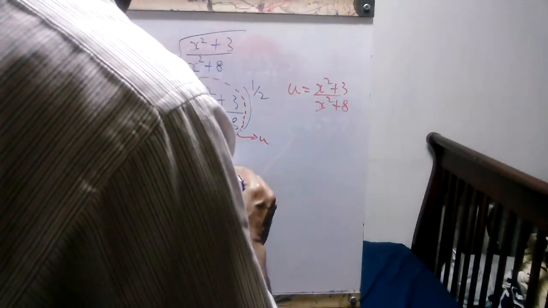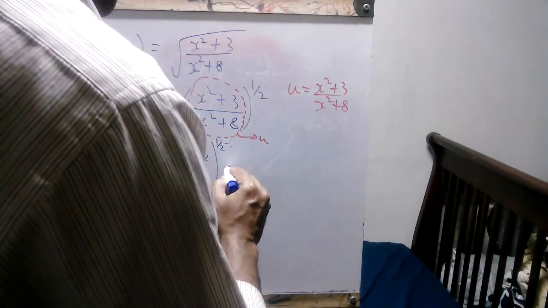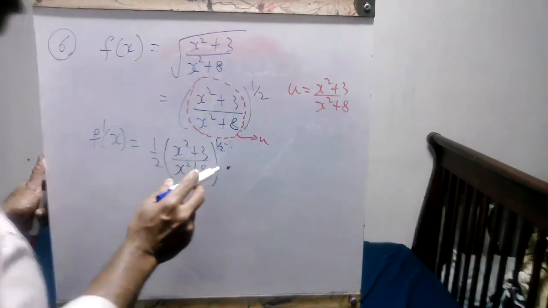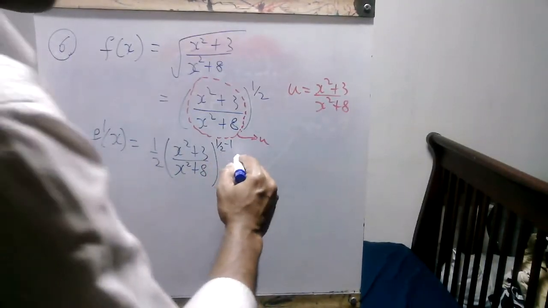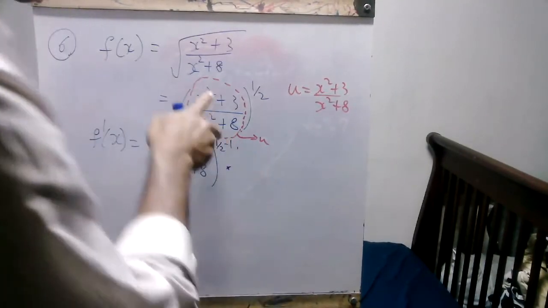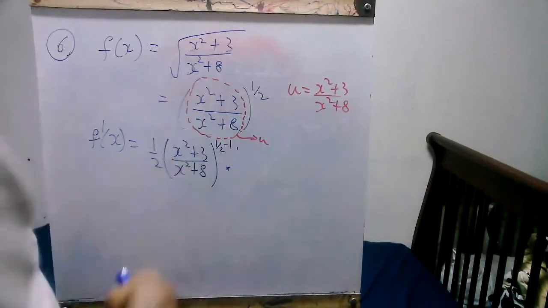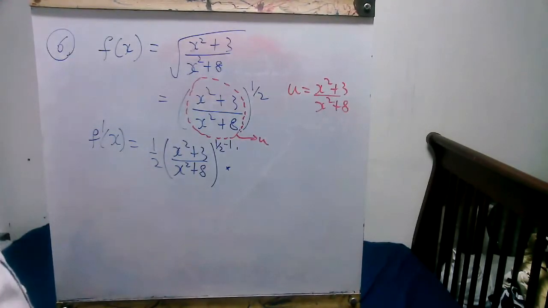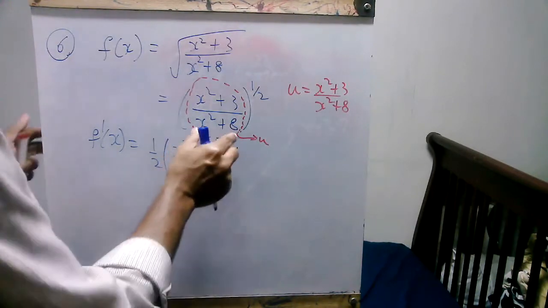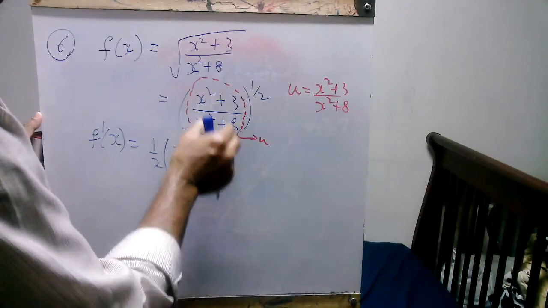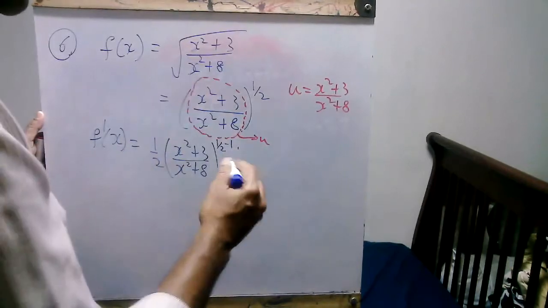We have to multiply this, this little cross is multiplication, with the derivative of this internal function. Now you see this is a quotient. We have to use the quotient rule. This times denominator times derivative of the numerator.